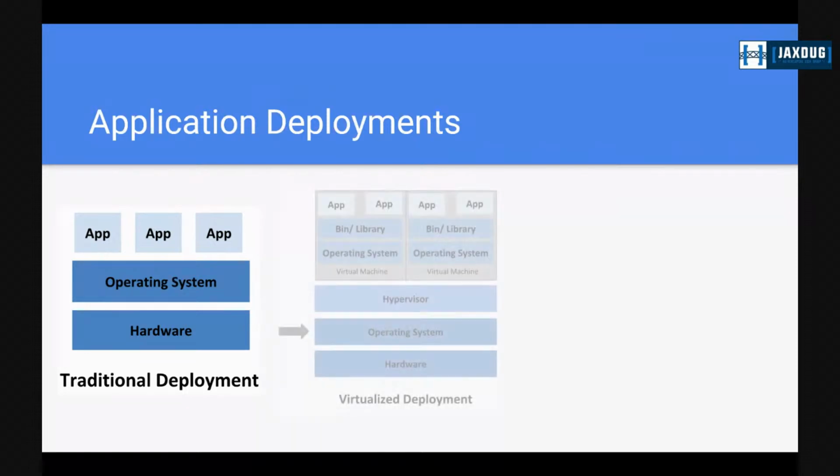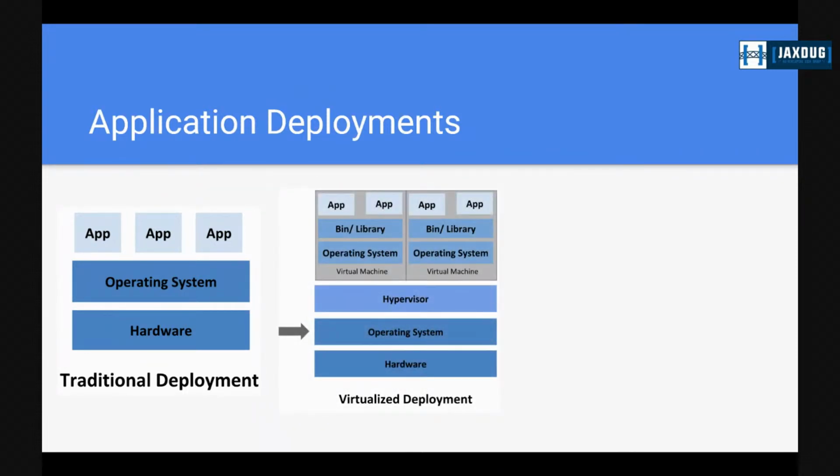But probably most of us are actually deploying into a virtualized environment, whether it's Azure, AWS, Google, IBM, or our on-premise data center where we're running VMware, Hyper-V, or OpenStack or something like that.